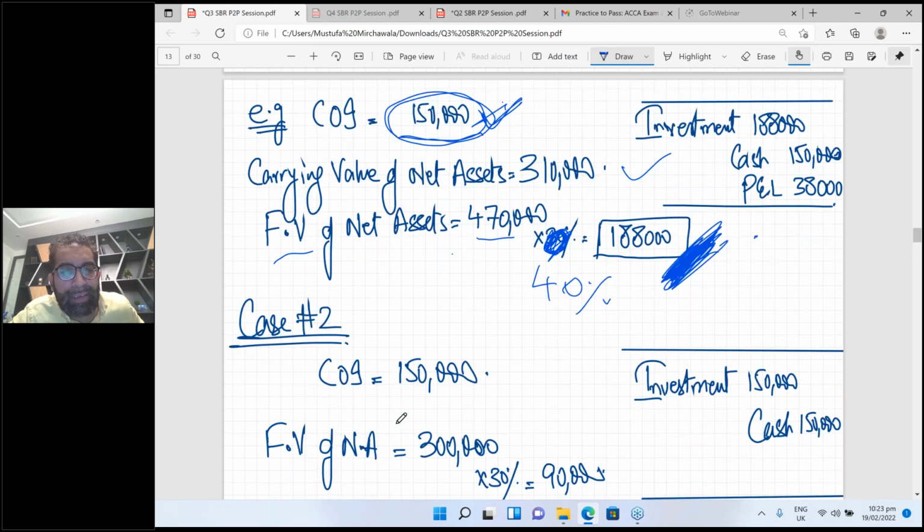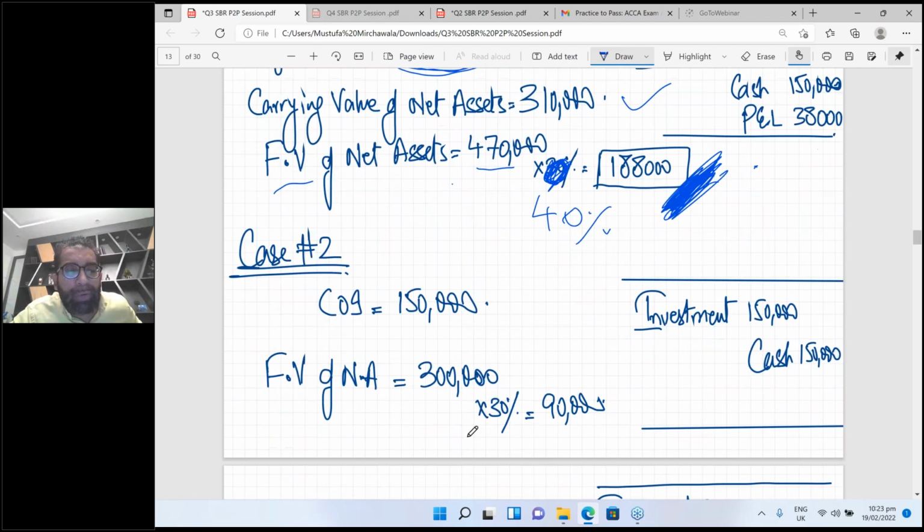Let us say today you bought 30% shares, in this separate example, for 150,000, and the fair value of net assets of the associate at this date is 300,000.